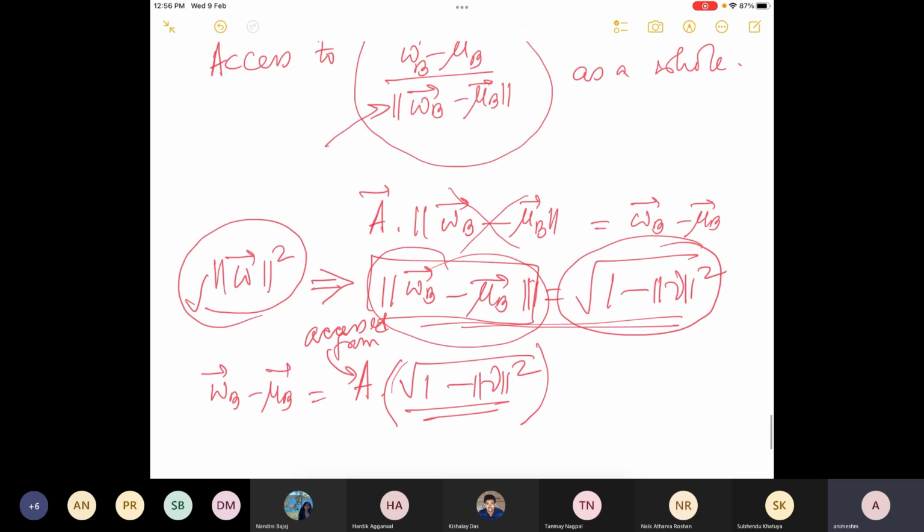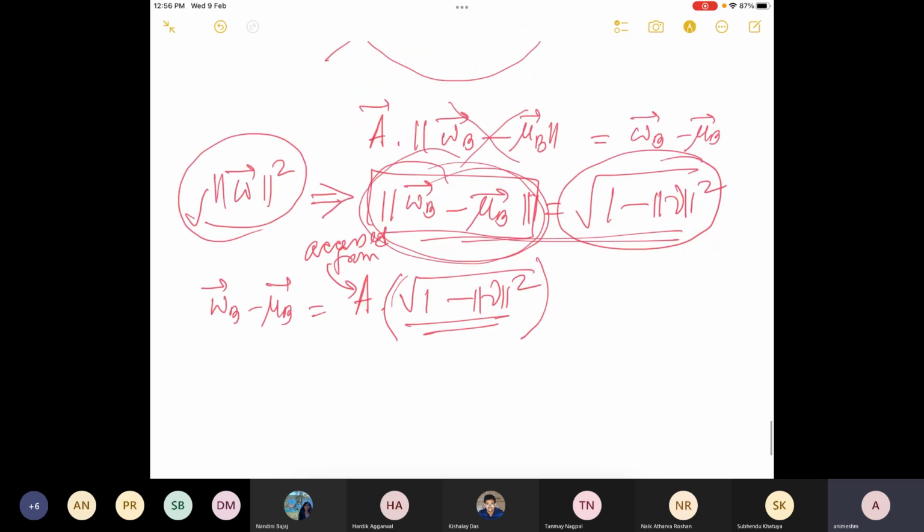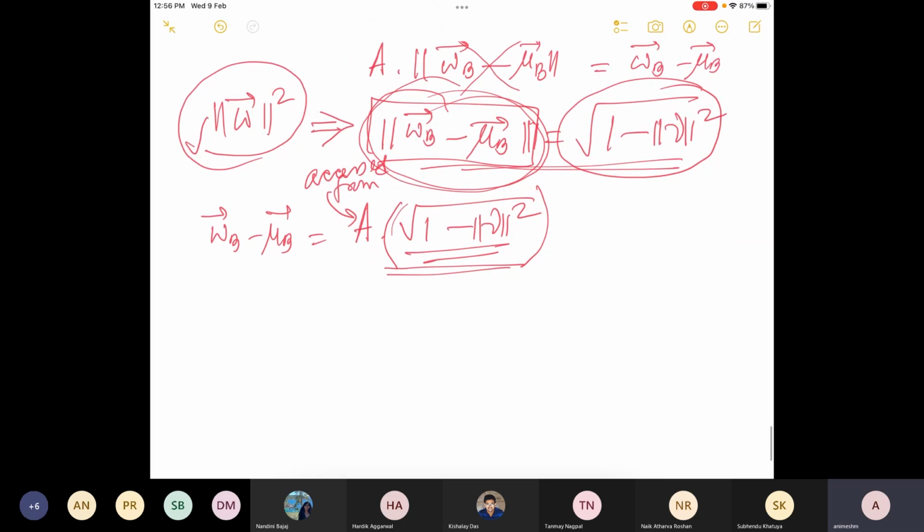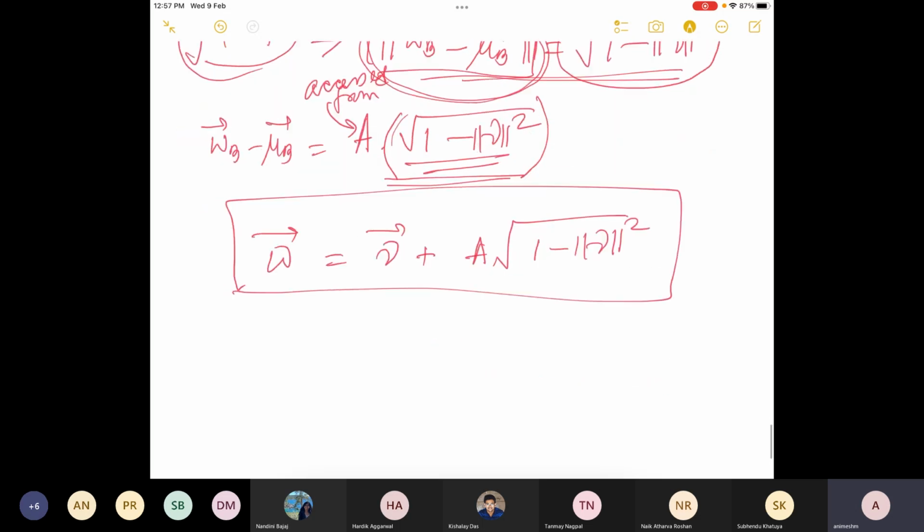So therefore, instead of W minus mu B, I can use the square root of 1 minus mu square. Now I can write W as nu, which I have access to, plus A, which I also have access to from the gender subspace, times the square root of 1 minus mu square, which I also have access to. So this is my new equalized vector.